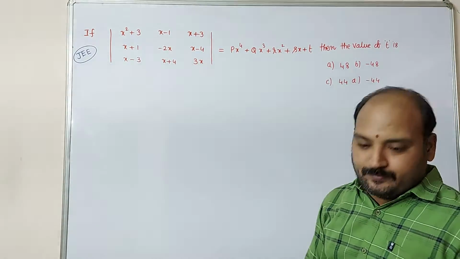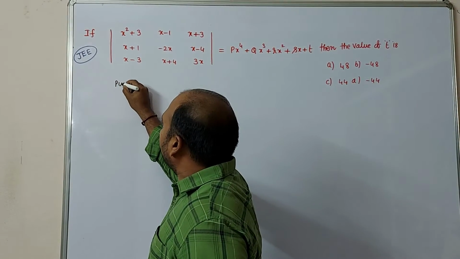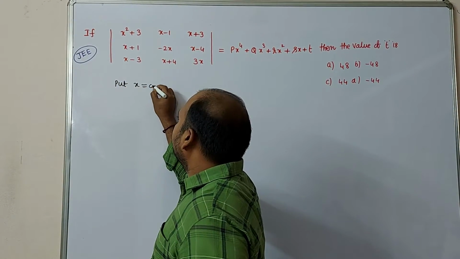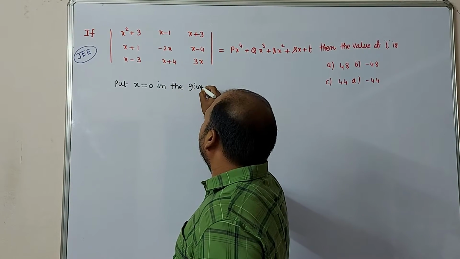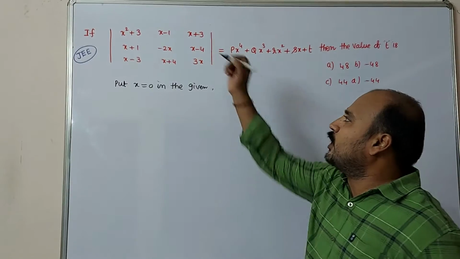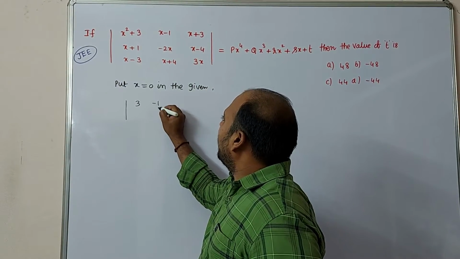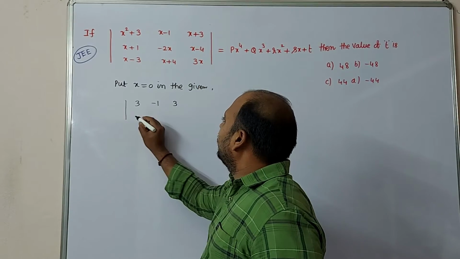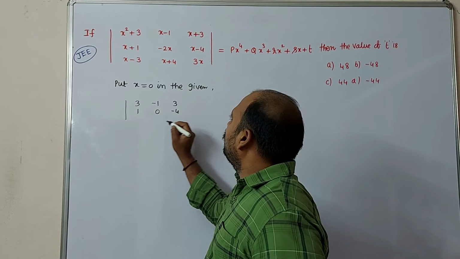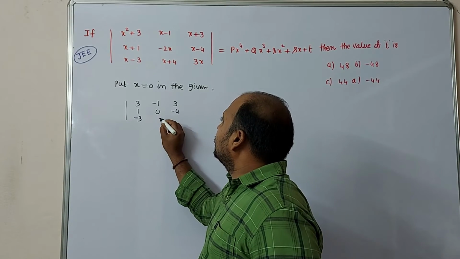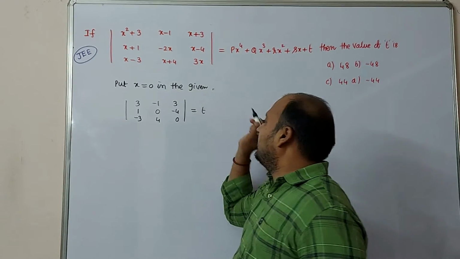EAMCET or BITSAT. See here, put x equal to 0 in the given determinant. It becomes the determinant of 3, minus 1, 3, 1, 0, minus 4, minus 3, 4, 0, which is equal to t.